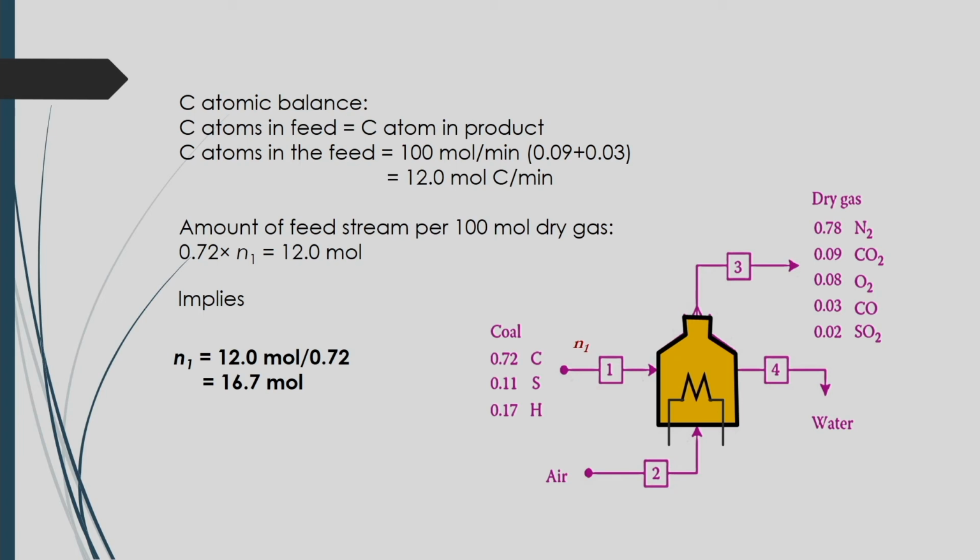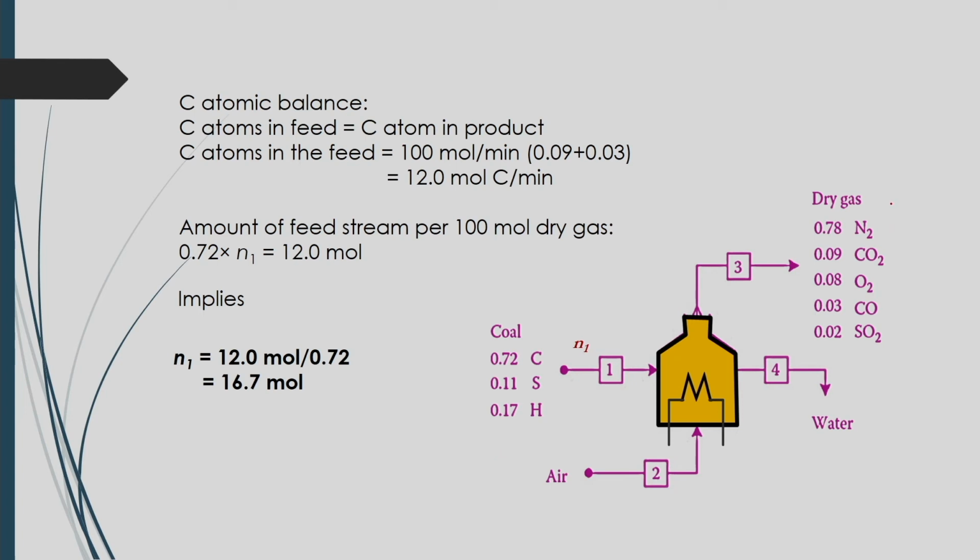It will be equal to 100 moles into 0.09 plus 0.03. Why? Because in the outlet streams the carbon is coming as carbon dioxide and carbon monoxide.